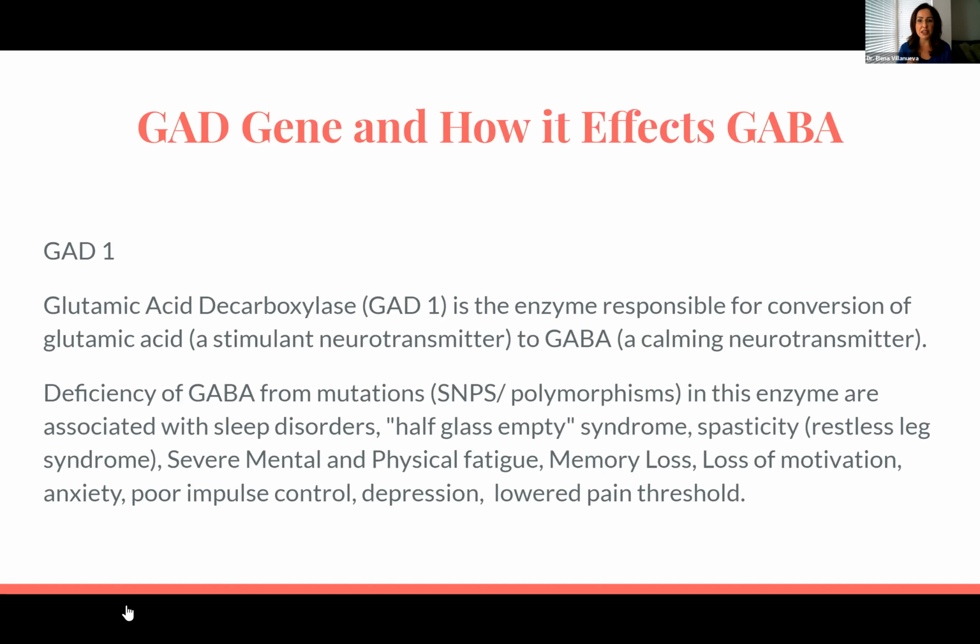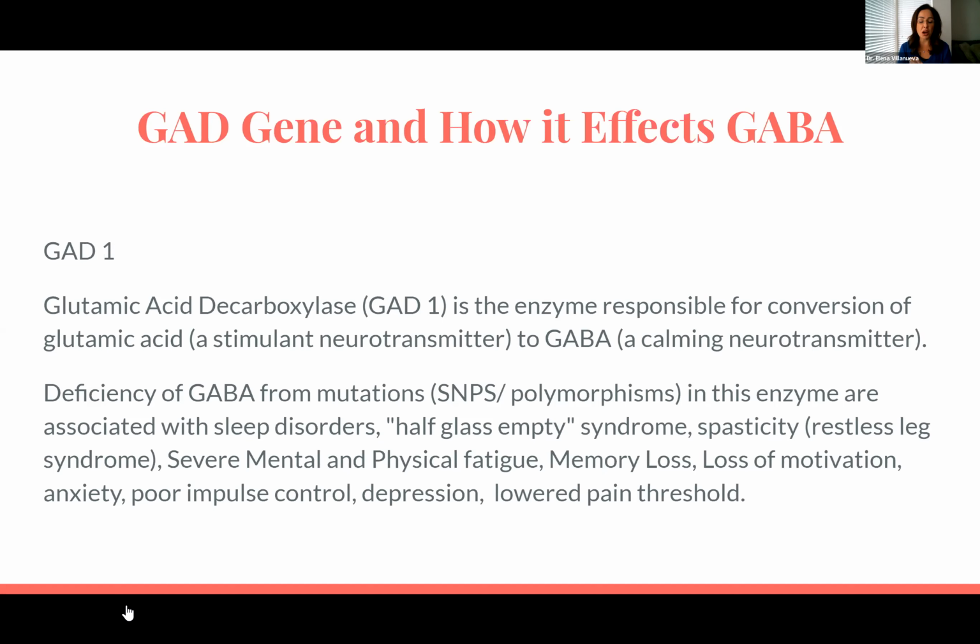If we're having issues with the conversion of glutamic acid into GABA, our glutamic acid levels can increase in our brain and actually have quite an excitatory effect, which can make us have a lot of different issues like anxiety and mind racing and several other symptoms.